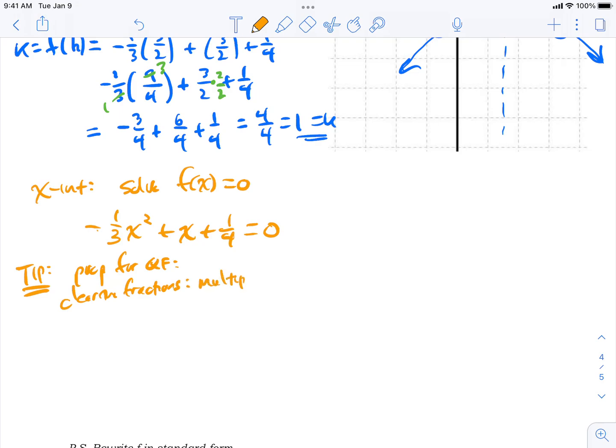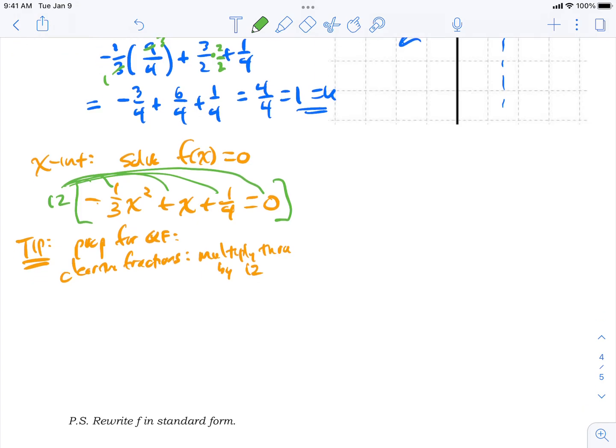Multiply through, which means both sides, by, I'm looking at the 3 and the 4 and saying the common denominator is 12. Watch what happens. I'm multiplying everything by 12, this and the other side of the equation too.